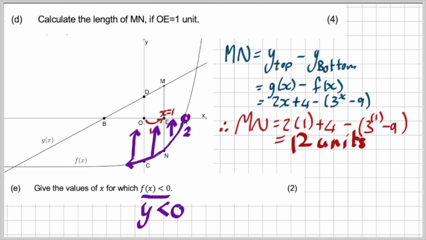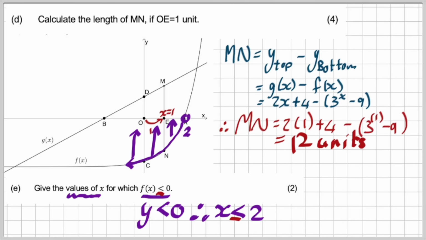So if I look at which x values give me those y values, it's all the x values from negative infinity up to 2. But because we don't include the 2, it's not equal to 0, that's why it's not equal there.